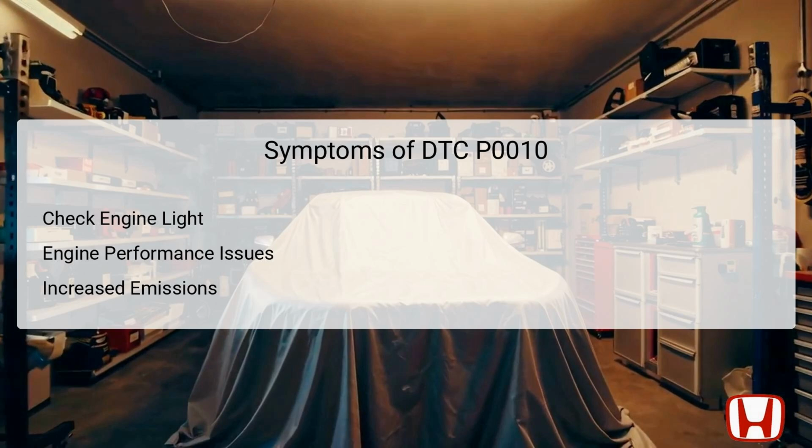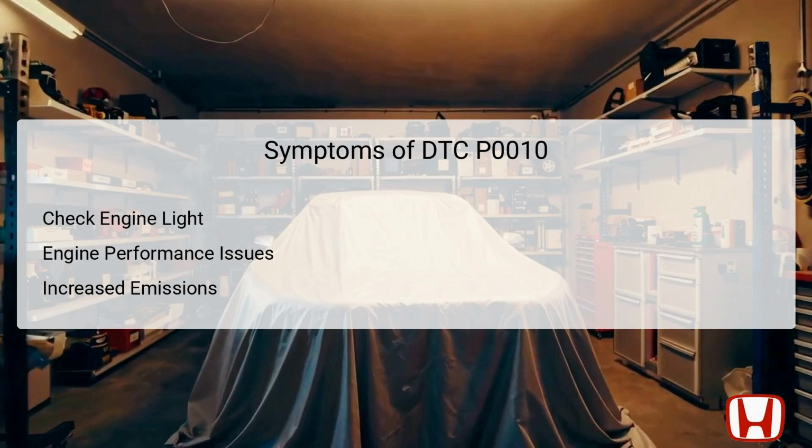Additionally, the driver may experience noticeable engine performance issues, including rough idling, reduced power during acceleration, and decreased fuel efficiency. Increased emissions might also be evident, as the vehicle fails to properly regulate valve timing.